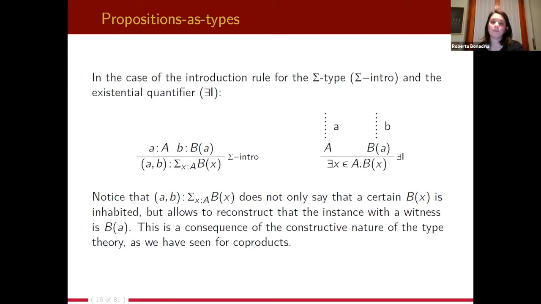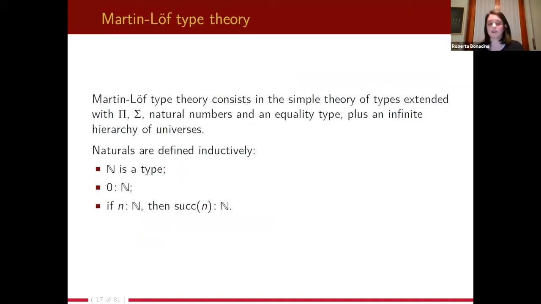So this was the idea for dependent types, and now we can arrive at Martin-Löf type theory. This type theory consists of the simple theory of types extended with pi, sigma, natural numbers, and an equality type, plus an infinite hierarchy of universes.